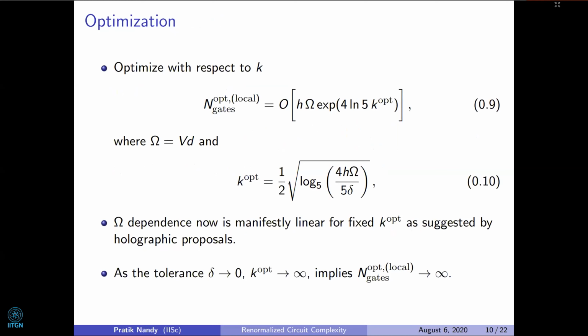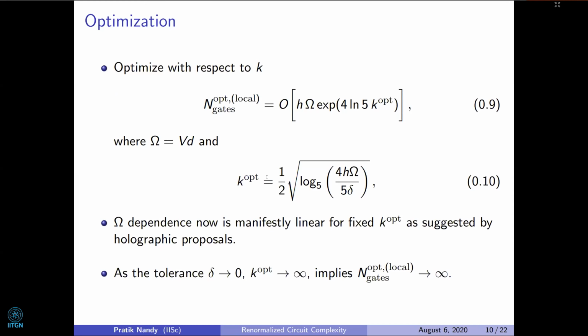So this is our specified tolerance. With some specified tolerance, we can find the k optimal, and similarly the total number of gates. So this omega dependence is now manifestly linear for a fixed k optimal, as suggested by the holographic proposal. This is just a volume law scaling.